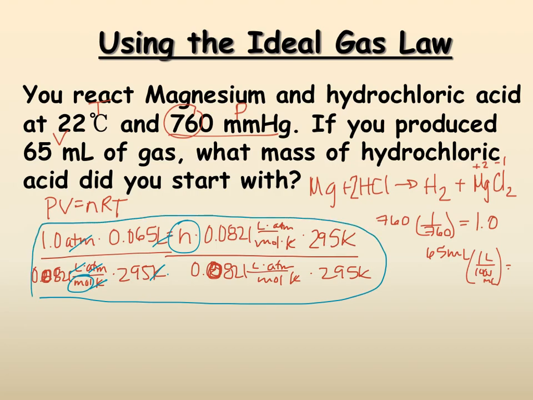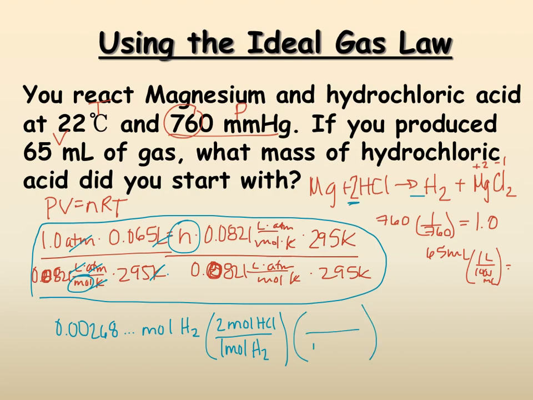Because I now know that I have 0.00268 moles of hydrogen gas. Which means, since I'm in moles, I'm ready for my molar ratio. Molar ratio from my equation is going to be 1 mole of hydrogen on the bottom and 2 moles hydrochloric acid on the top, because there's a 2 there.